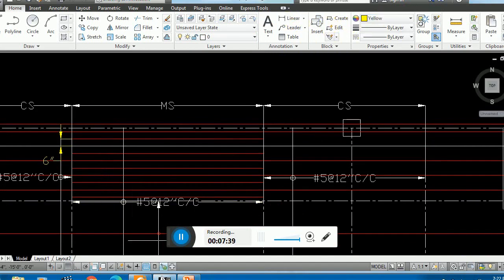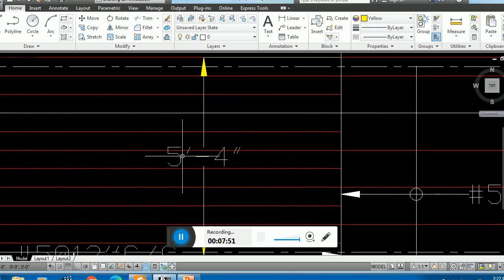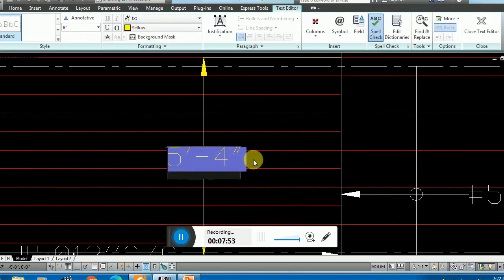Let me show here this one, and please close from this point to this point and close these snapping. Okay, now you have to double click this, and then you will write this is number 5 at the rate of 6 inch center to center.